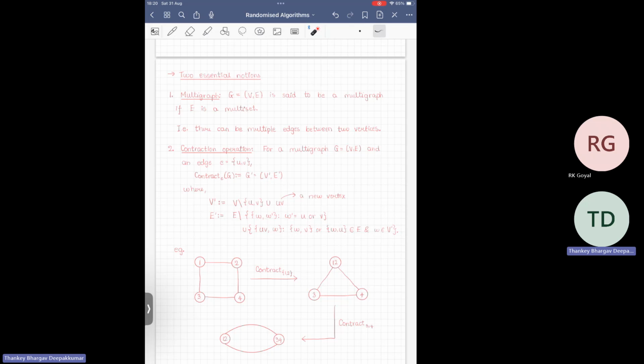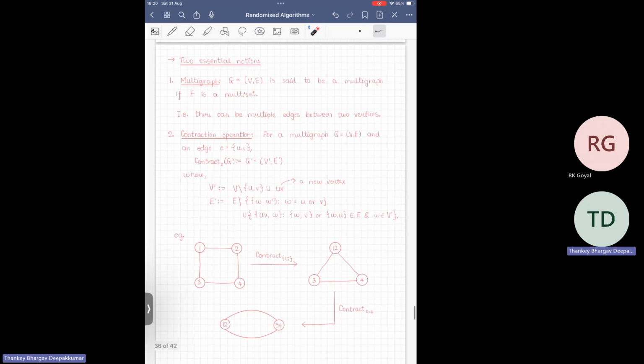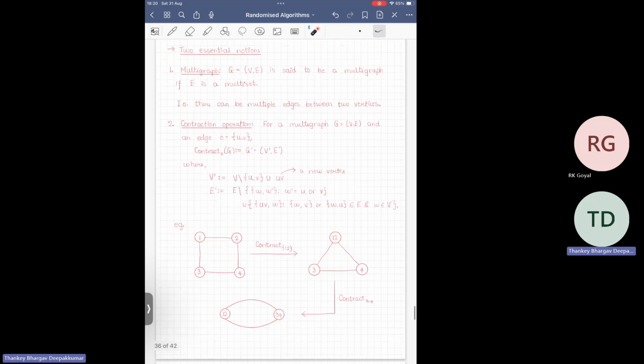For a multigraph G equals (V, E) and any edge e equals (u, v), we define the contraction of G with respect to e as a new multigraph G prime whose vertex set is V prime and edge set is E prime, where V prime is obtained from V by removing u and v, but adding the set {u, v}, because it is a union.